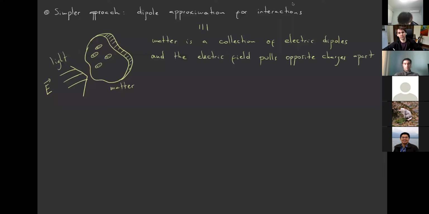This is the theory that we call the dipole approximation of light-matter interactions, and it actually works very well.